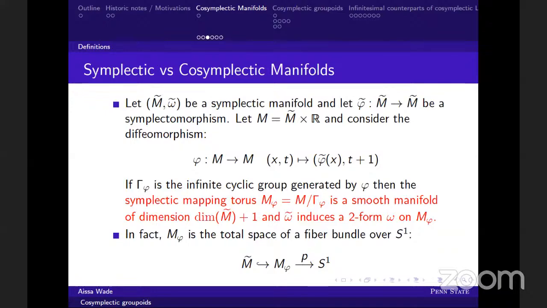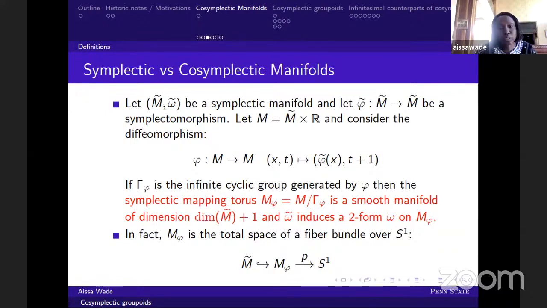Now we have an even better way to understand these cosymplectic structures through what we call the mapping torus.